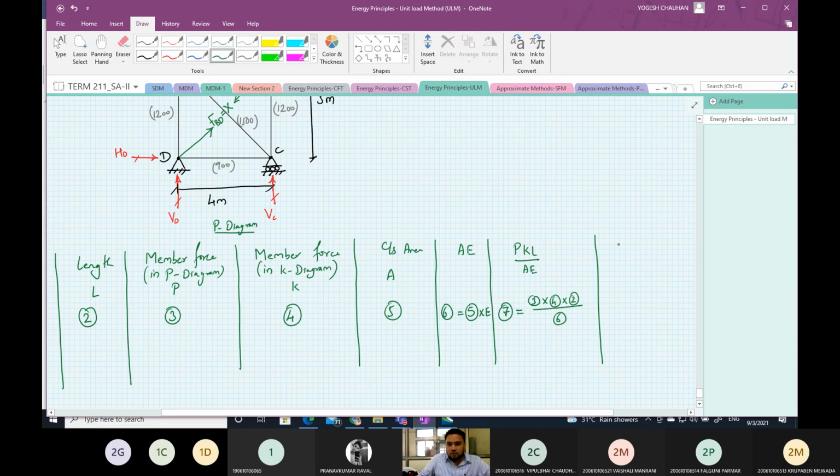Then K square L by AE, that will be column 8, which will be equal to column 4 into column 4 into column 2 divided by column 6.